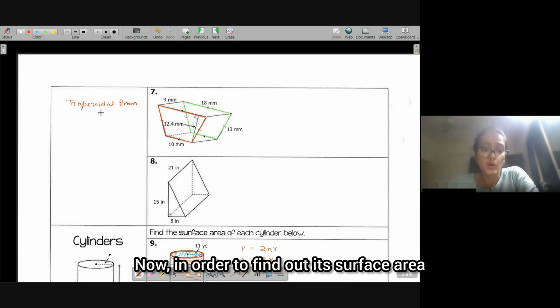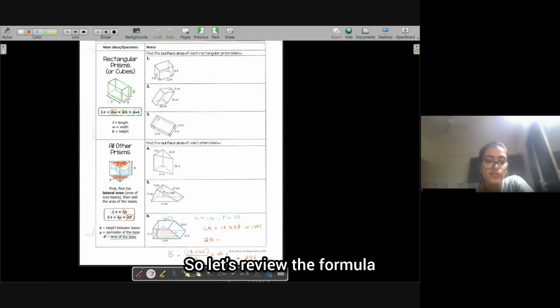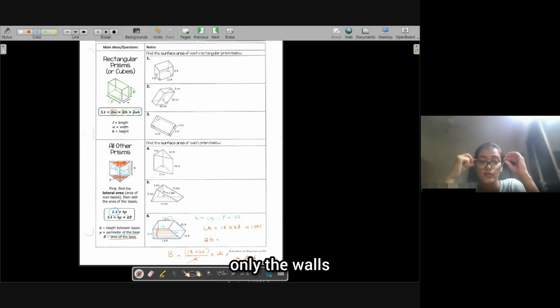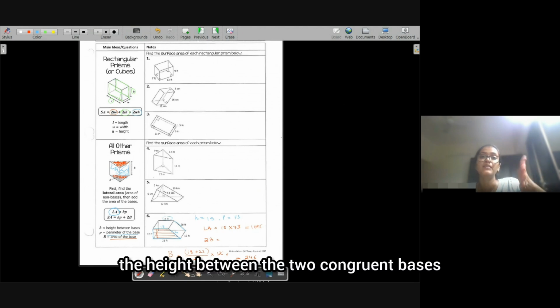Okay, so now we have identified that. Now, in order to find its surface area, let's review the formula. We find the lateral area. Lateral area means only the walls, without the bases. For that, you take the perimeter of the base times the height between the two congruent bases.